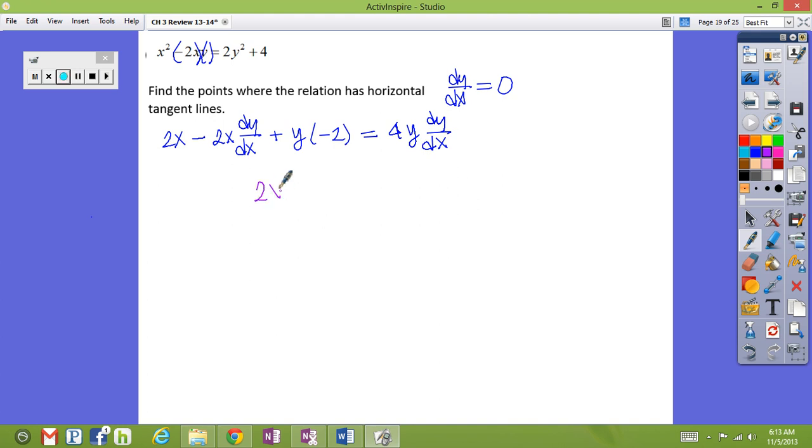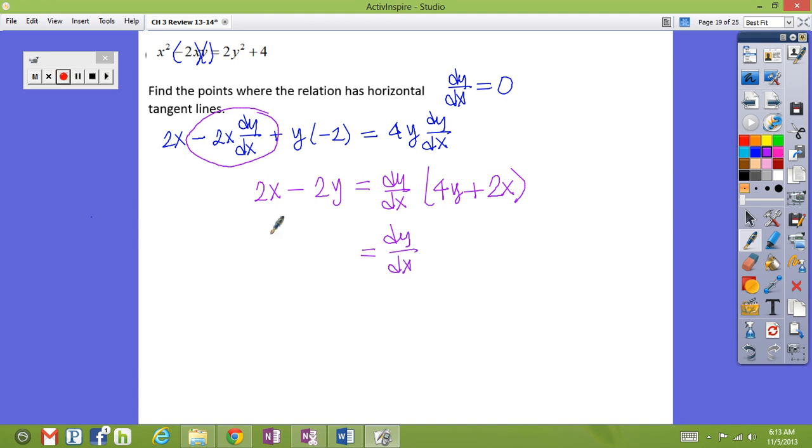To this side I get 2x minus 2y is equal to dy dx times, I still have the 4y. This term is going to come over, so I'm going to add it to the other side. I would add 2x. dy dx is equal to 2x minus 2y all over 4y plus 2x.